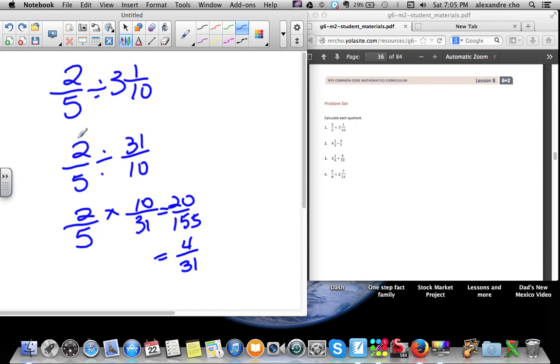Another way of dividing this is to change both fractions so that they both have the same denominator. So let me change color. So that was one way right here. The other way would have been, yes, do this first, 2/5 divided by 31/10. And then if you want to keep it as a division problem, find same denominators.